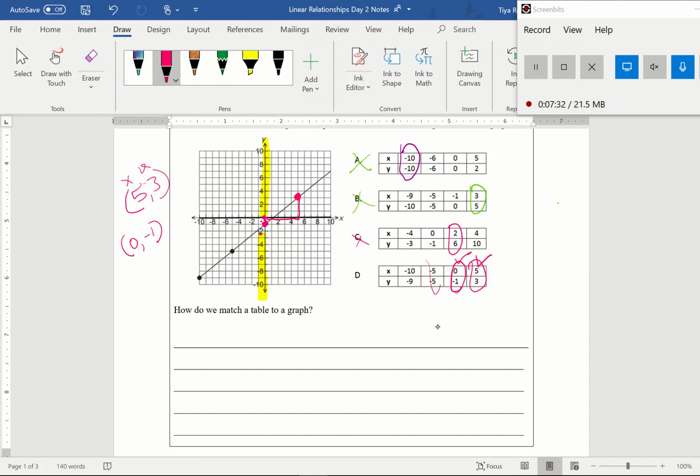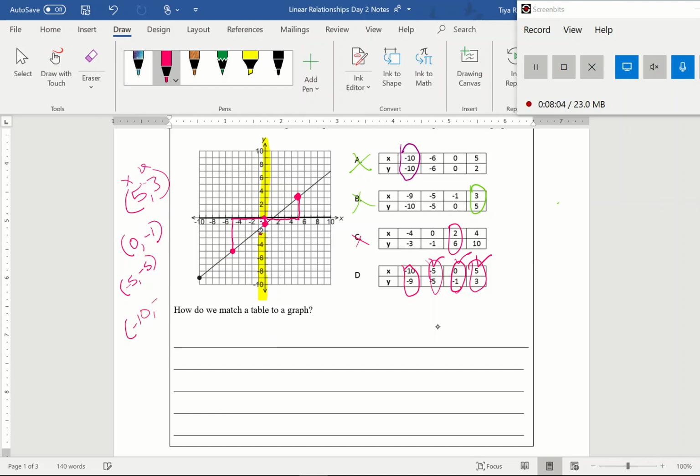Now let's do negative 5, negative 5. We start at 0 again and go negative 5, so we're going backwards. Then we go negative 5 again, so we're going down. 1, 2, 3, 4, 5. Is that spot on our line? Good. We've got one more to check.